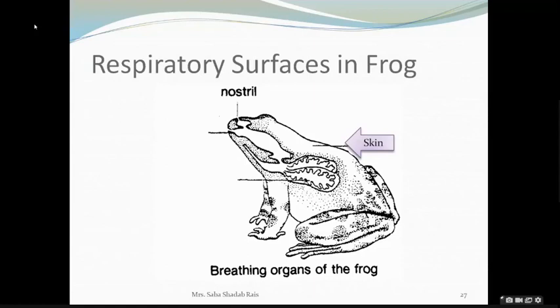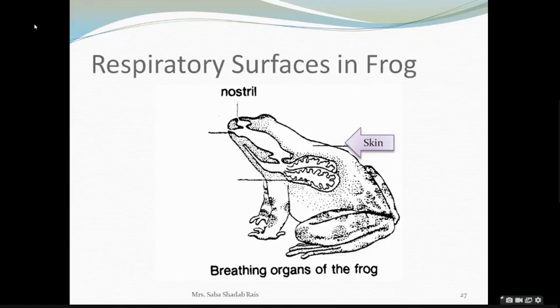Not only this, when they go for hibernation, we know hibernation and estivation very well. These are the long sleeps when the animal relies on a low metabolic rate and does not move, a long sleep in short. At that time also they respire with the help of skin.